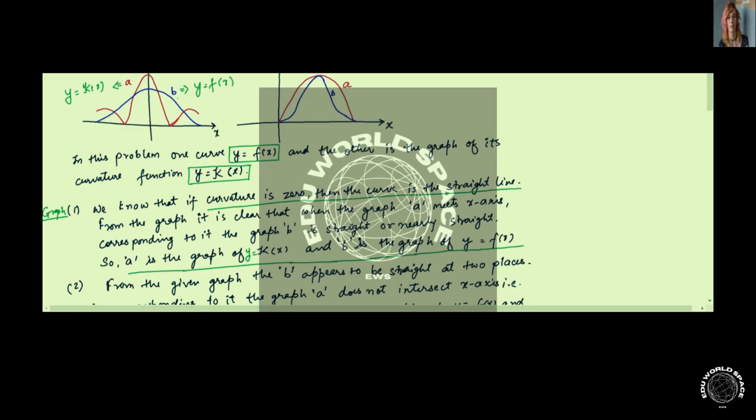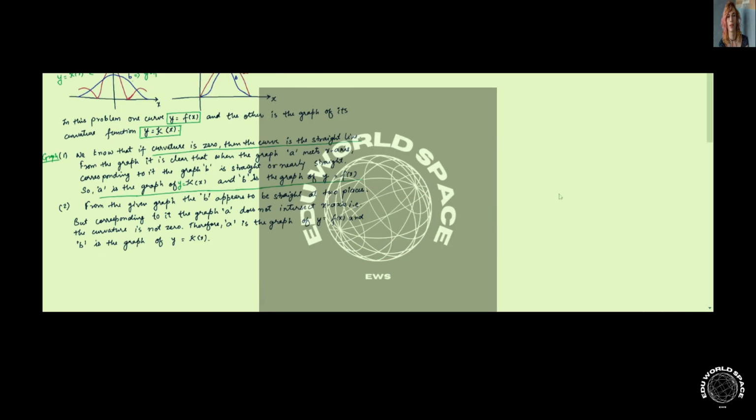Now moving ahead, if we see the second curve, from the given graph, B appears to be straight at two places. This part is curved, but this is straight. Here also we can see a straight line.